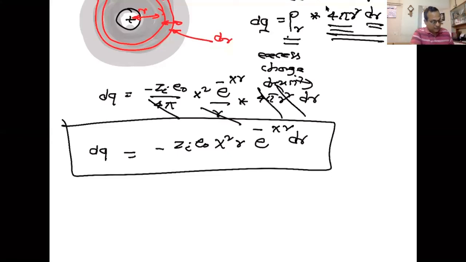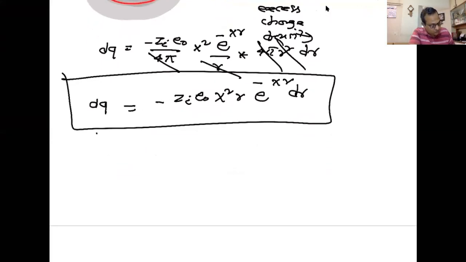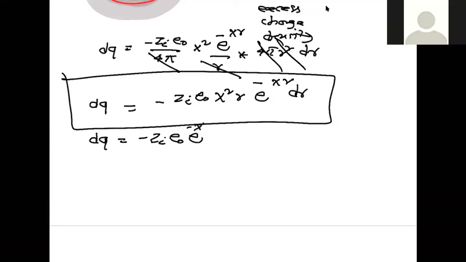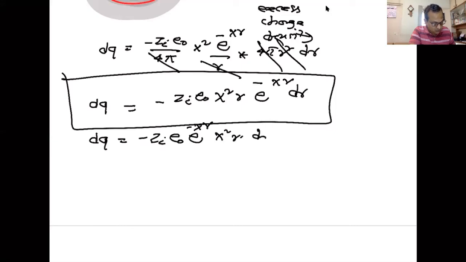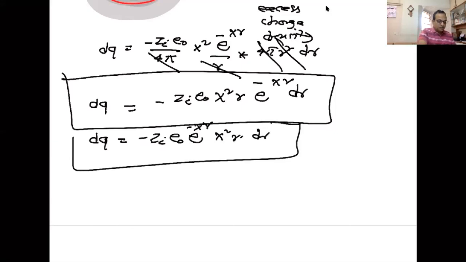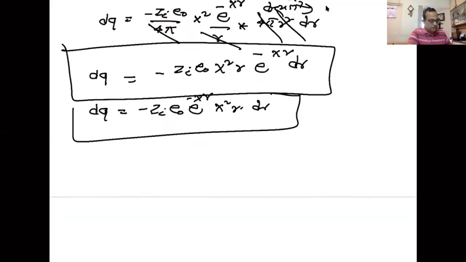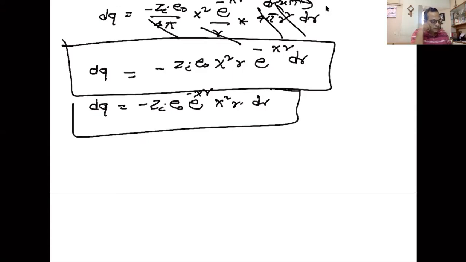Okay, so I can write it in a slightly different fashion. dq is equal to minus zi e0 e raised to minus chi r, chi square r dr. If you look at this equation, you'll immediately realize how the number of charges in that particular shell of volume 4 pi r square dr changes with the distance r. There are two functions here.